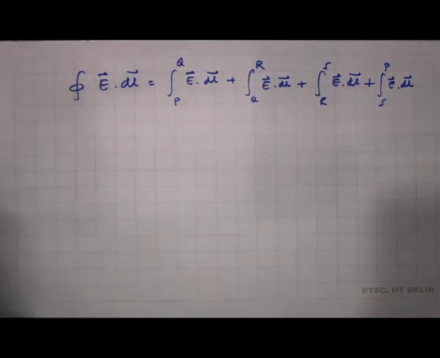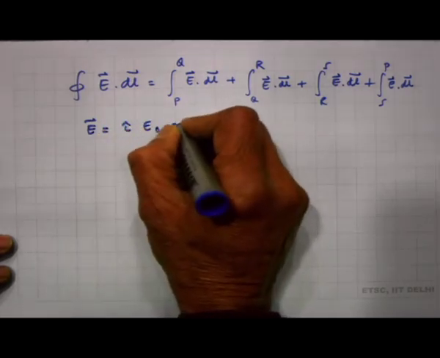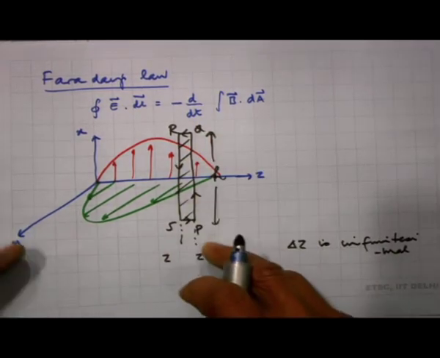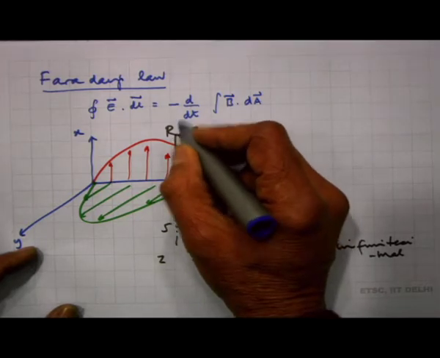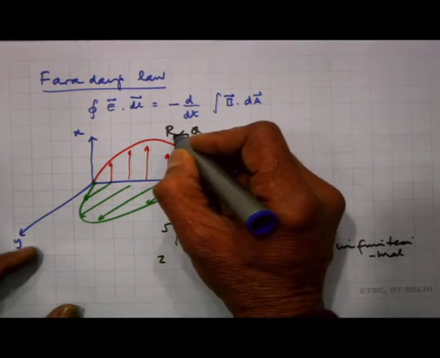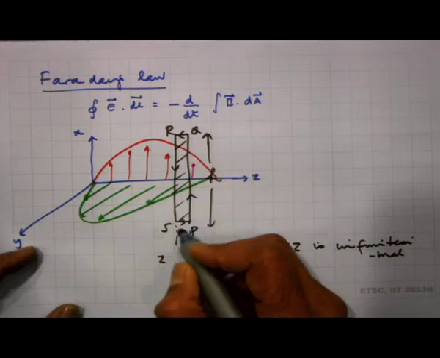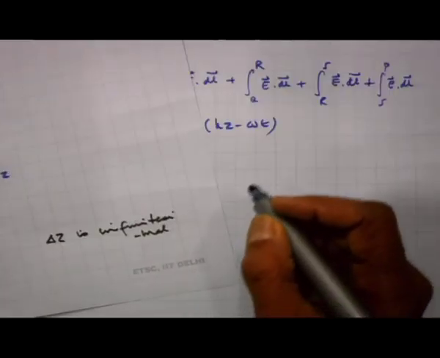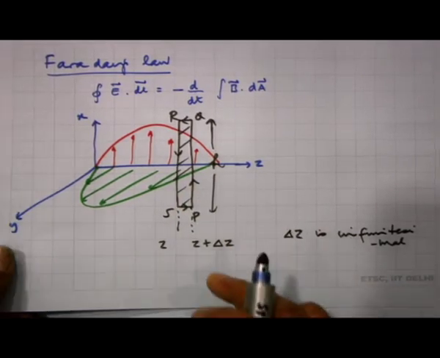And I know the electric field was given by i cap E naught sin(kz minus omega t). Now, the electric field is along the x axis. So, if you see along the path QR, the electric field is perpendicular to dl; the dl vector is along QR, electric field is perpendicular. So, E dot dl in this path will be 0. Similarly, for the path SP, E is perpendicular to this line, and so E dot dl is 0. So, the integrals from Q to R and S to P are 0.